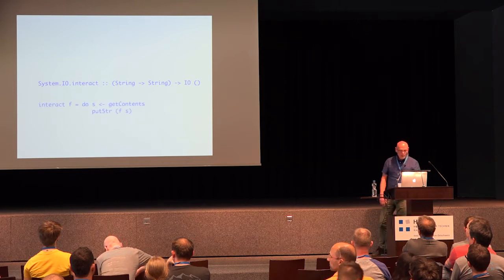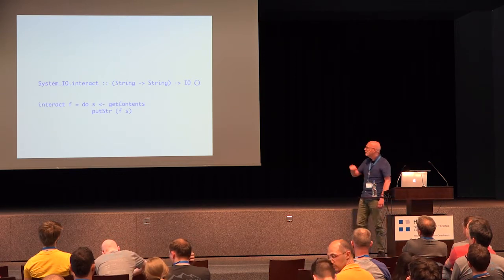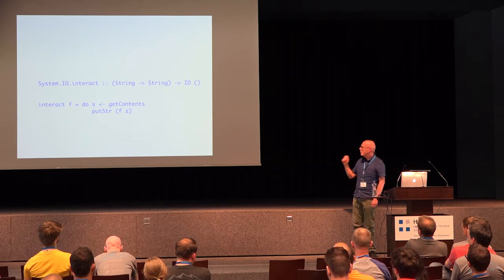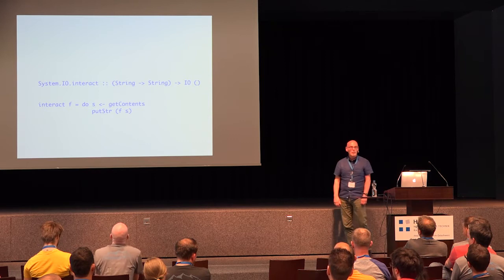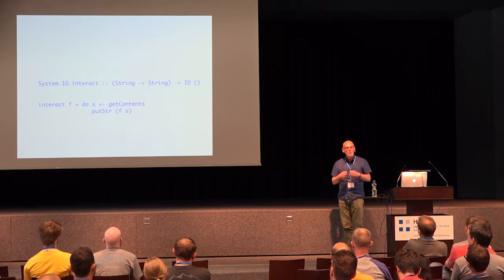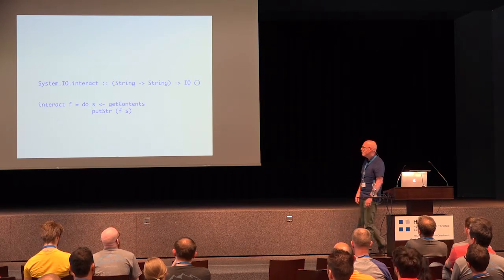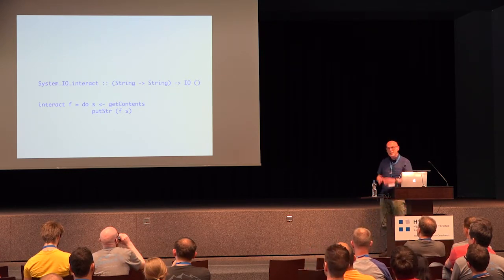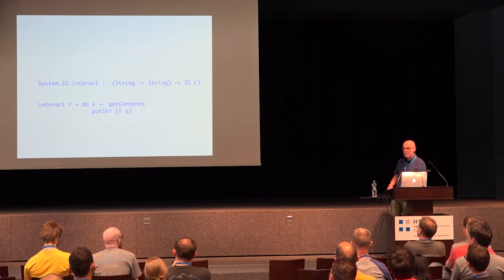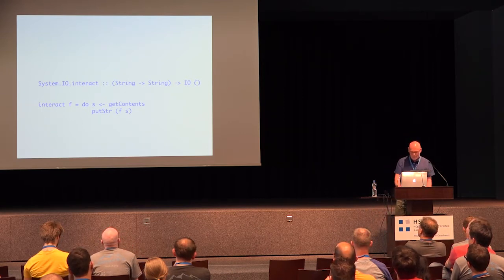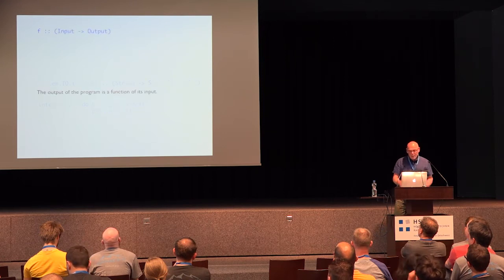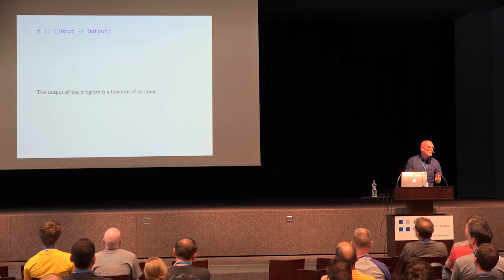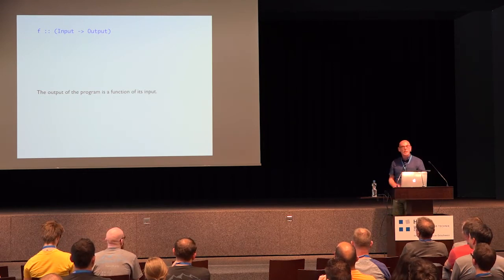The way it works is very simple: you get the input, apply the function to the input, that gives you the output, and you stick that on your output channel. And there we are, a two-line function. That's at the heart of what I'm going to talk about the rest of the time. What it's saying is, the output of a program is a function of its input. So, fine, that's something we're entirely aware of.